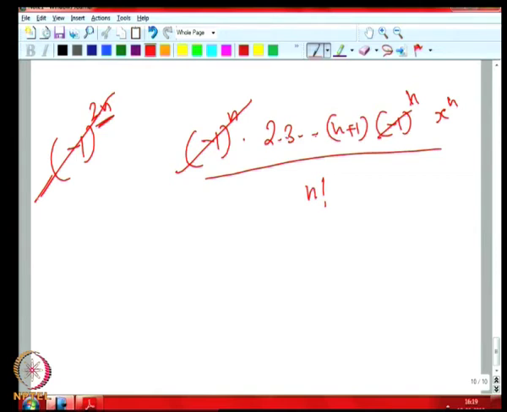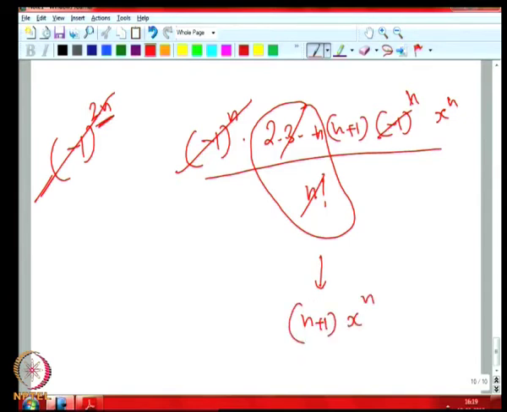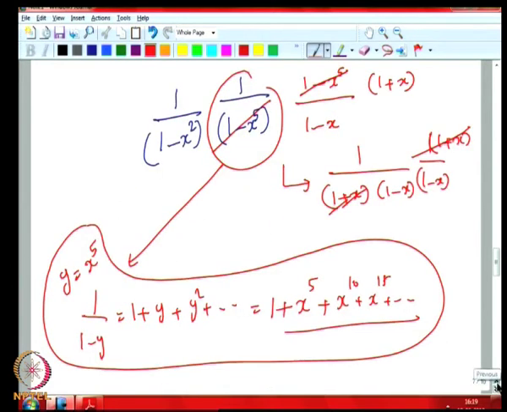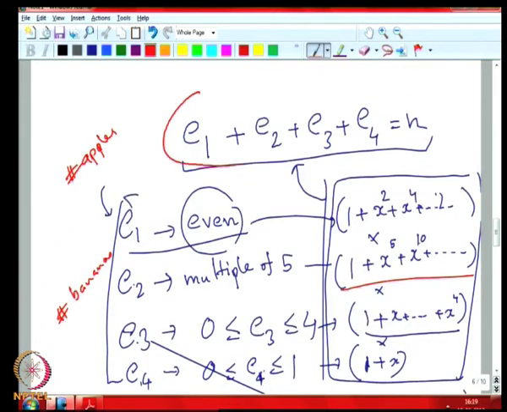And this 2 into 3 into up to n, that is already n factorial, that goes away, right. We just get n plus 1 into x raised to n. The coefficient of x raised to n in this thing is just n plus 1. So the number of integer solutions for the equation we wrote, satisfying all these conditions, is indeed n plus 1.